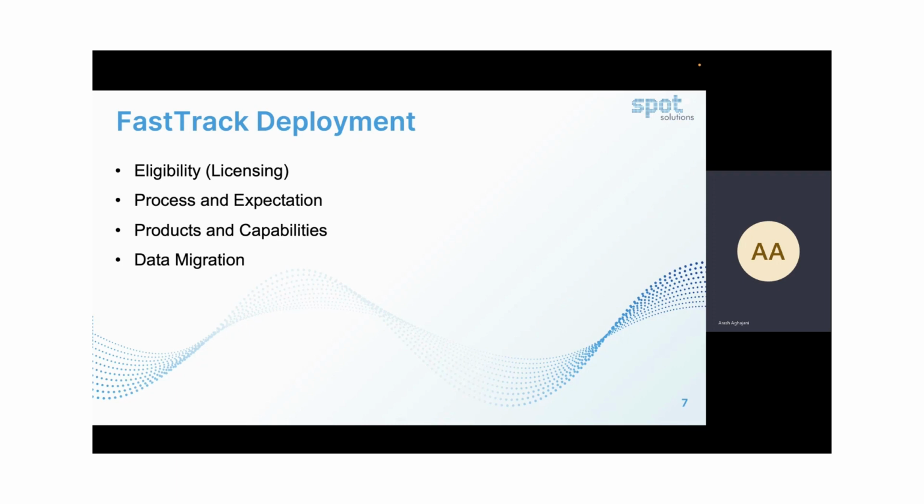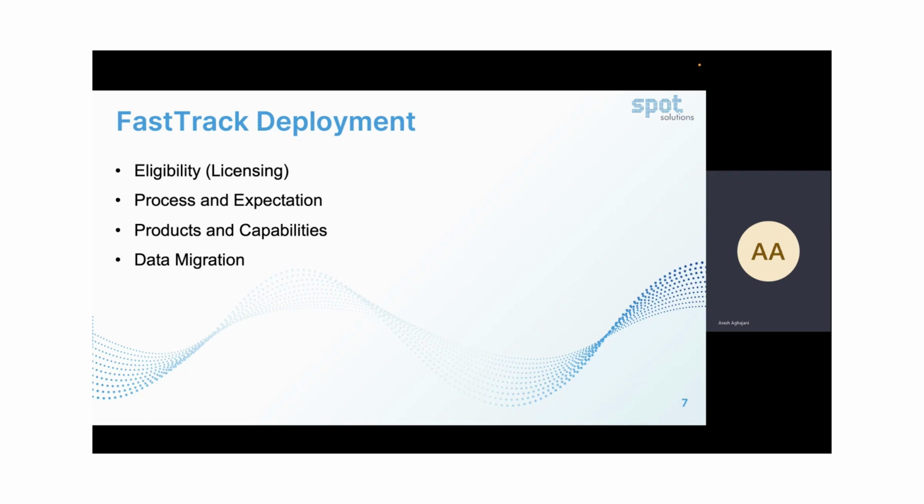This is the introduction of FastTrack. The FastTrack benefits answer key questions, including: what purchases are eligible, how to get help, what can I expect of FastTrack, what obligations do I have, how does the engagement work, and what about data migration too. To facilitate this, it's broken into 4 sections, as you see in the slide.